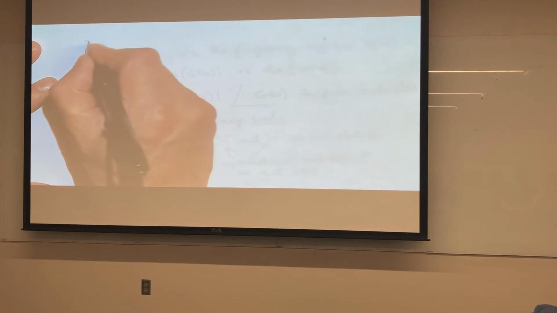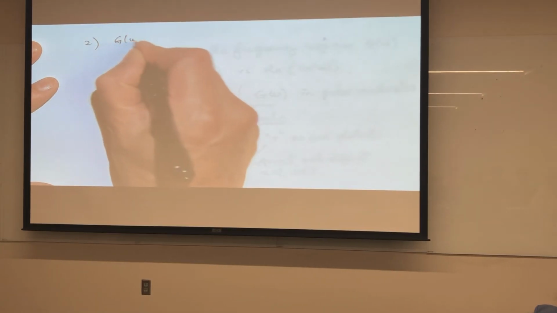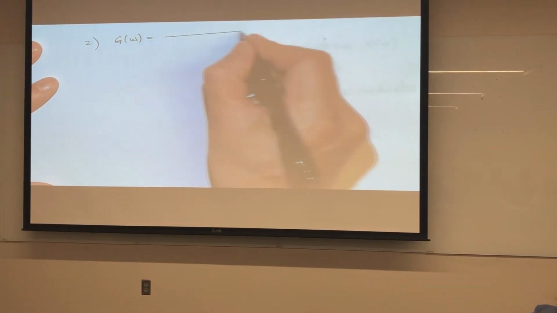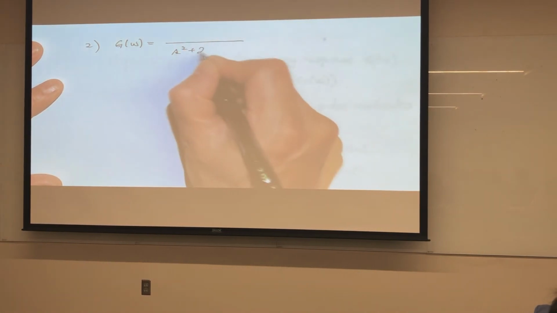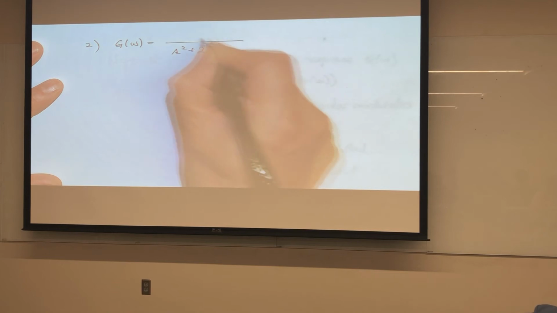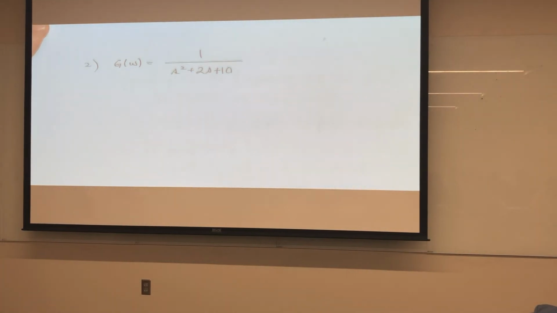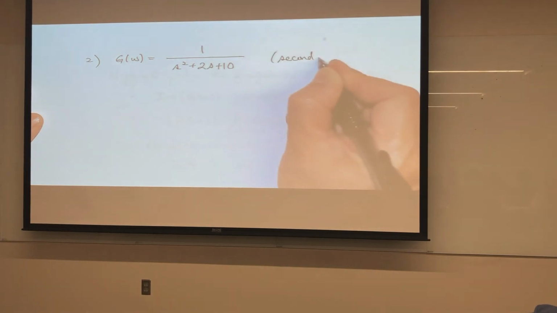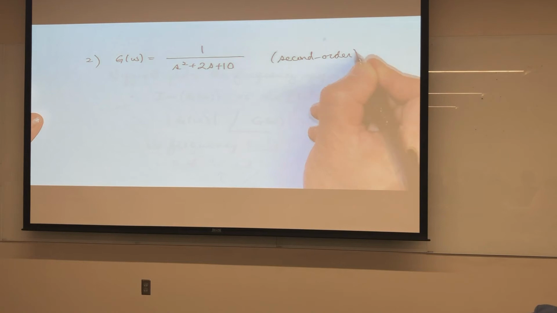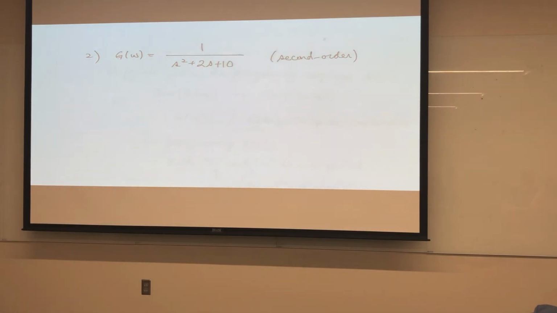Let's do example number 2. This is a second order system. Okay. Let's sketch both the Bode diagrams and the Nyquist plot. So split the page in half.